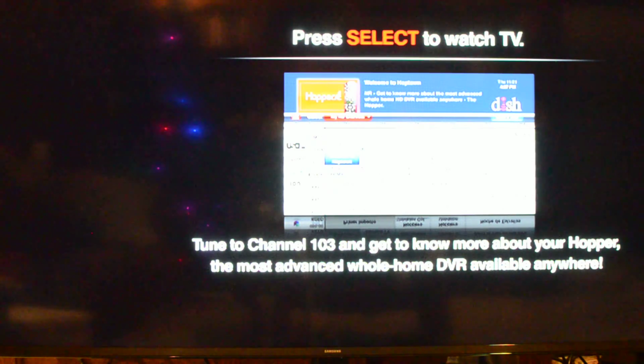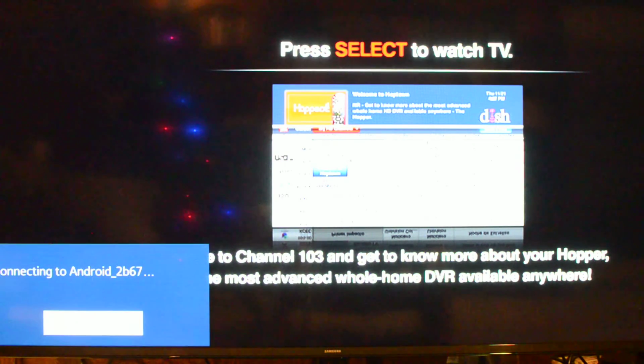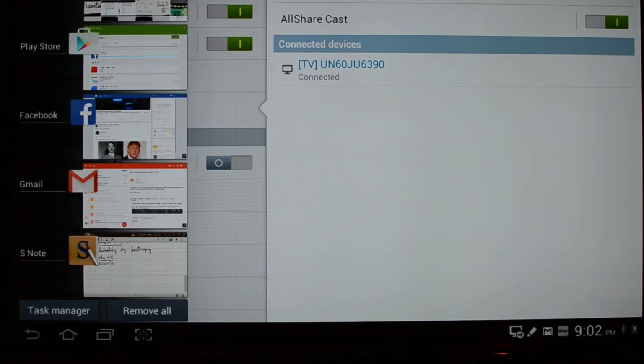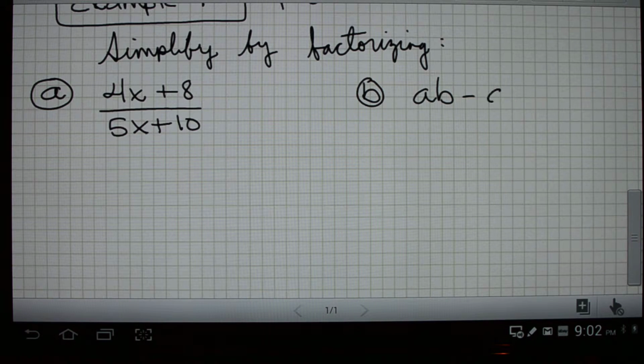Again, I wish I knew the pause button on this thing. Okay, there we go. And our B, still being sluggish. Technology can be great, but it has issues. B minus C.